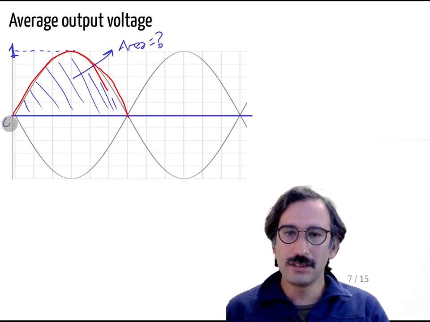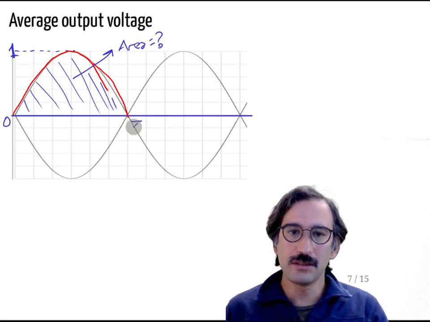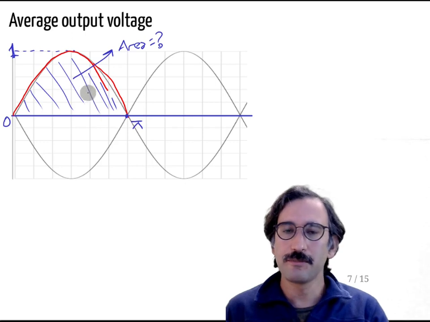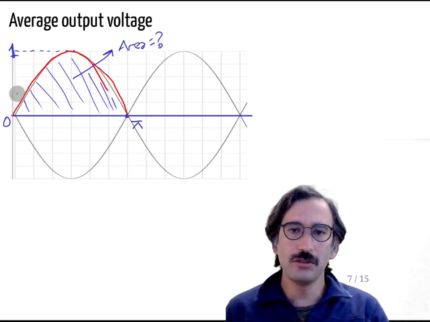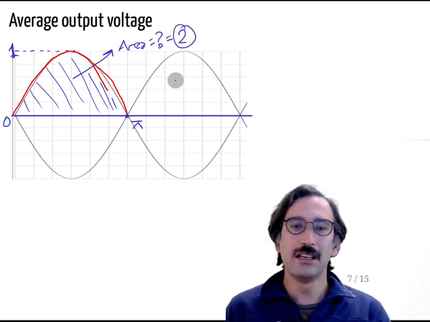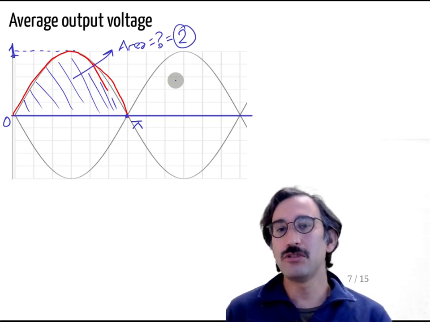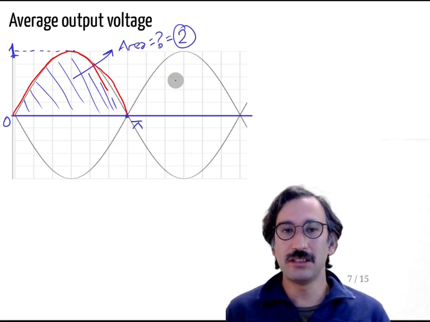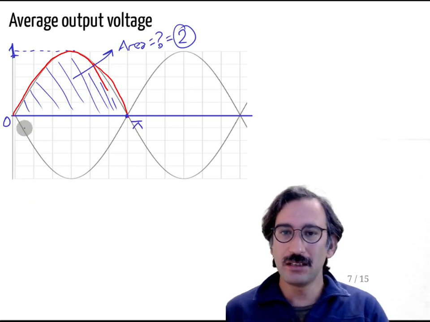So the area under that one is equal to 2. It is really important to know by intuition, and you can use it in your engineering life. So let's calculate it properly.